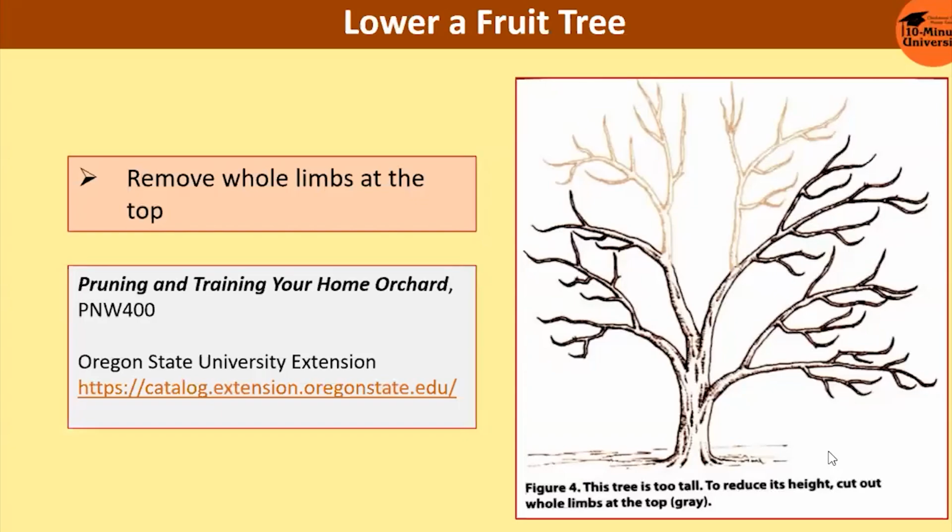If you do something like this, make sure you don't take too much in 1 year because this kind of a drastic reduction can damage the tree, especially if it's not very healthy or vigorous. And in addition, when you make big cuts like these, if you do it in the winter, you're going to get water sprouts, these vertical, vigorous looking shoots in the spring.